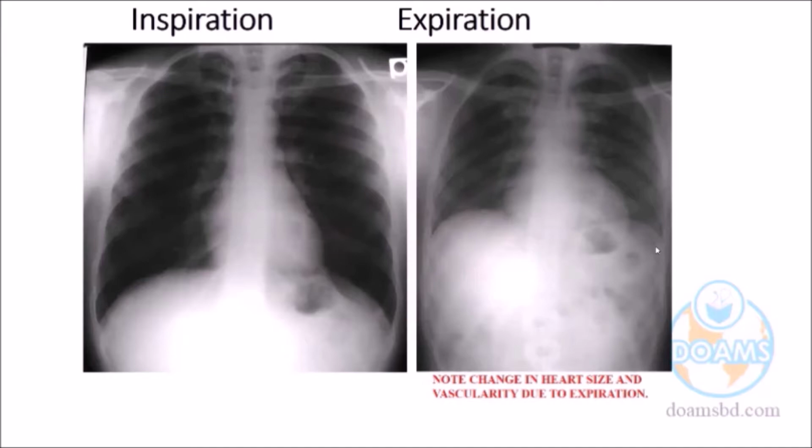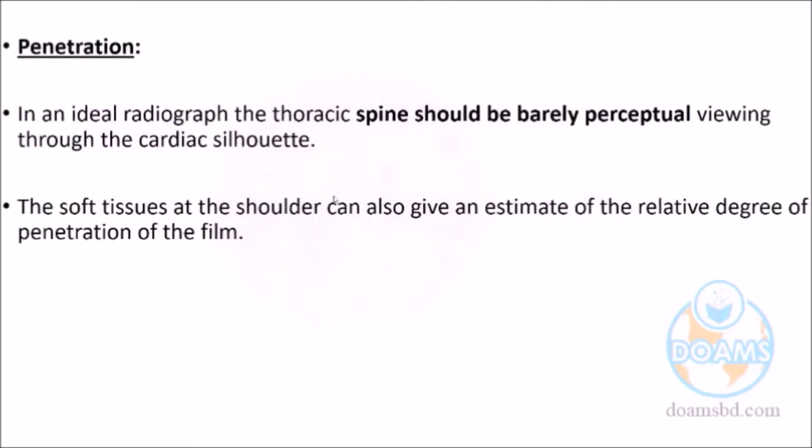If we ignore it, the report may come as cardiomegaly. There is also some increased vascularity due to expiration, especially in the lower part of the lung. You see, there may be a little more haziness. So it may give some pathologic idea to the person who is looking at the X-ray.